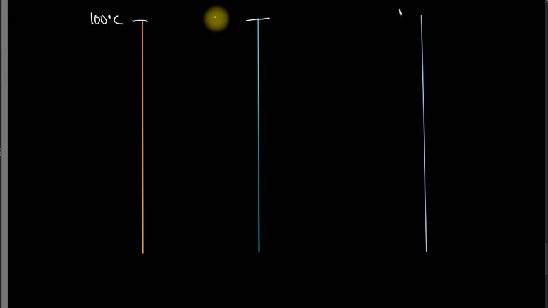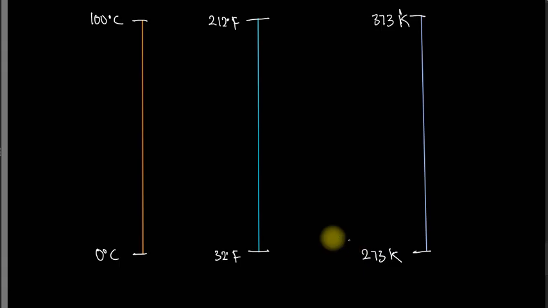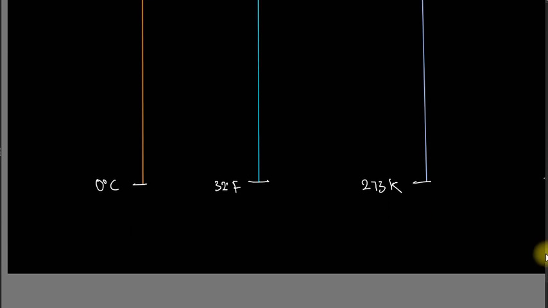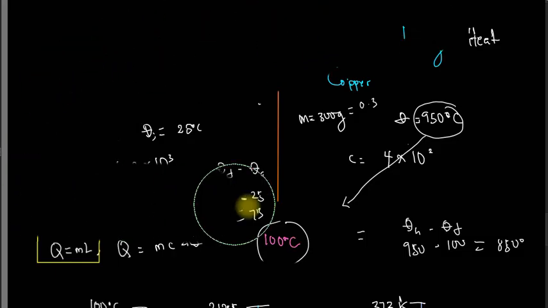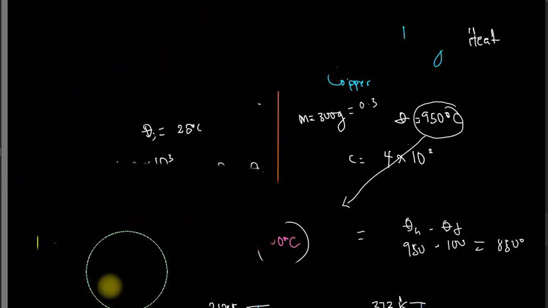In Fahrenheit scale, it is what? 212 degrees Fahrenheit. And then lower fixed point is 0 degrees Celsius, but lower fixed point in Fahrenheit scale is 32 degrees Fahrenheit. What about in Kelvin? Kelvin scale is 373 Kelvin. No, it's not degree Kelvin, just Kelvin. Then lower fixed point is 273 Kelvin. Now, from these, we're going to derive formulas which we can use to convert from one unit to another. So I'm going to wipe this off so we can have some space.